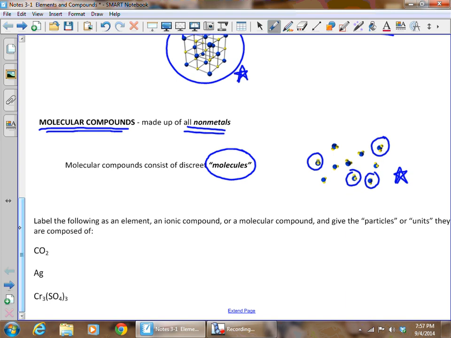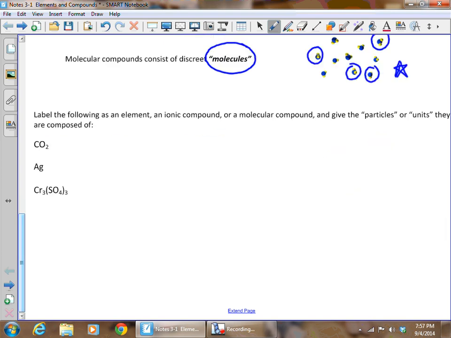So when you see the formula of a substance, I expect you first of all to know whether it's an element, an ionic compound, or a molecular compound, and then to be able to tell me what types of particles or units they're made up of. So we're going to look first of all at what that particular substance contains. The first one contains carbon and oxygen.